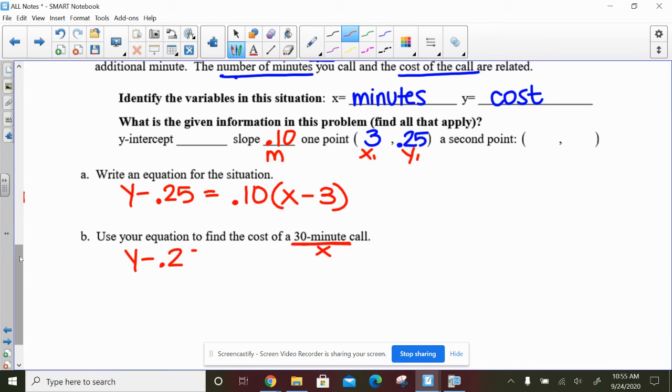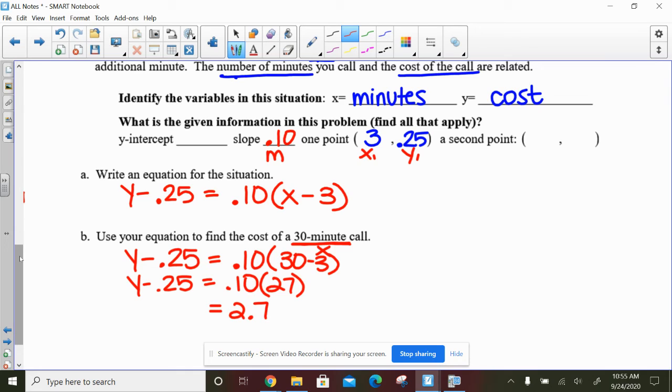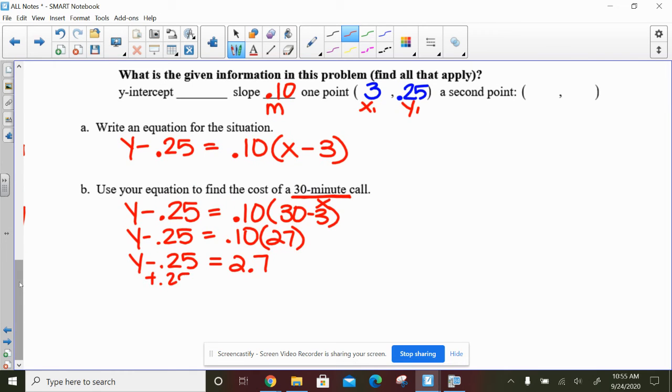Y minus 0.25 equals 0.10 times 30 minus 3. 30 minus 3 is 27. I'm going to multiply that by 0.10 and get 2.7. And then I'm going to add 0.25 to both sides.